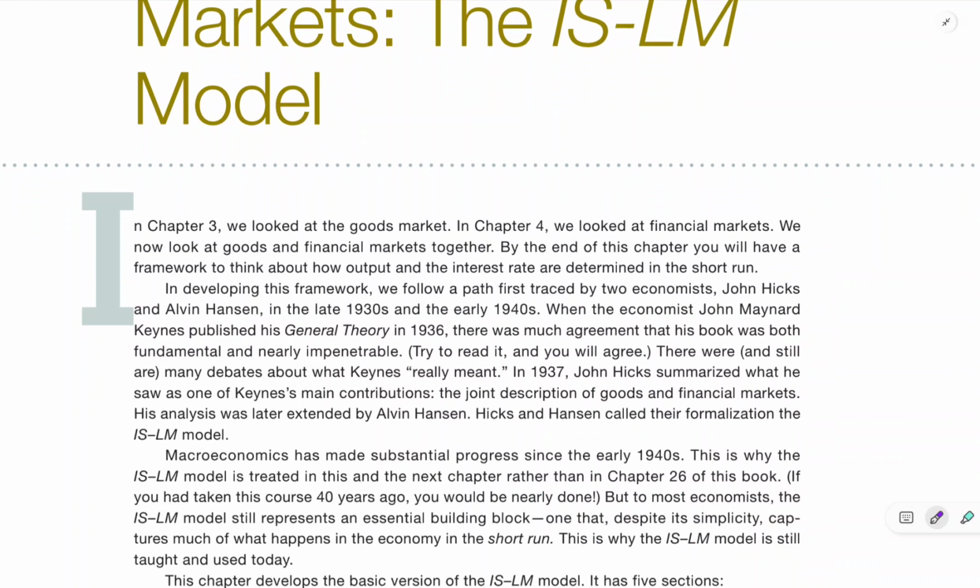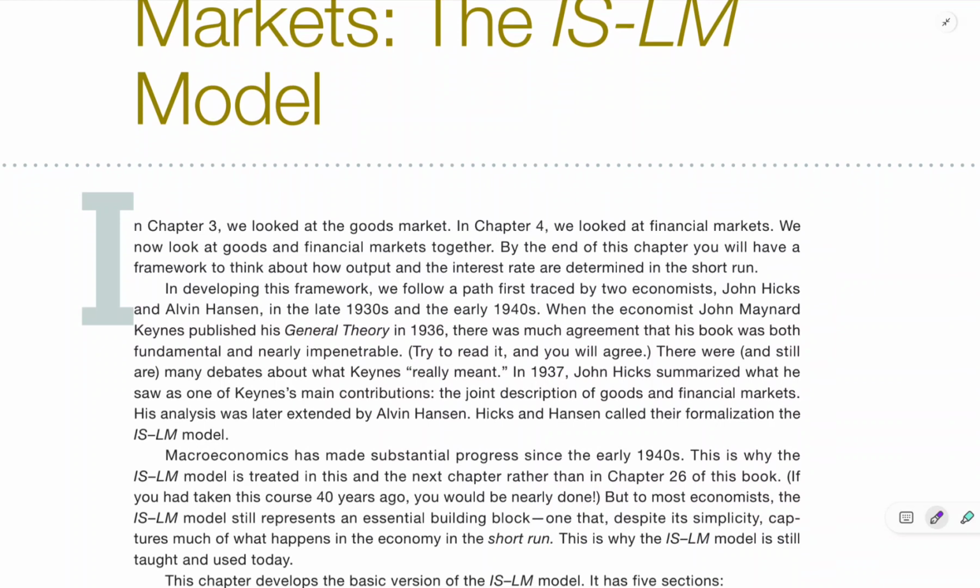In developing this framework, we follow a path first traced by two economists, John Hicks and Alvin Hansen. In the late 1930s and early 1940s, when the economist John Maynard Keynes published his General Theory in 1936, there was much agreement that his book was both fundamental and nearly impenetrable. Try to read it and you will agree.